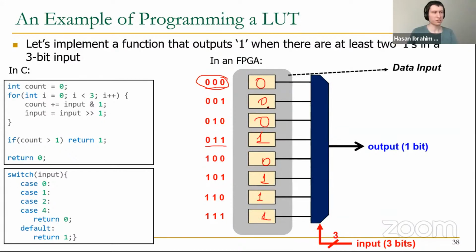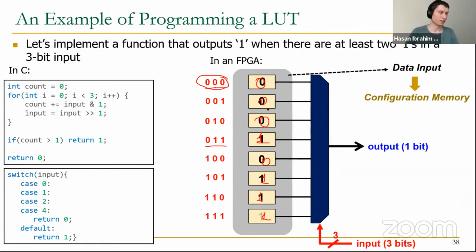Okay, so programming the FPGA to implement such simple circuits is pretty easy. But if you want to implement something more complicated that will use multiple of these lookup tables, then things get really complicated, because we also need to think about how to connect these lookup tables to each other.